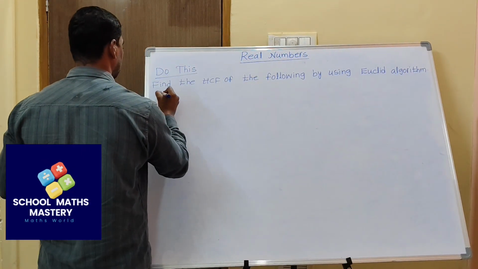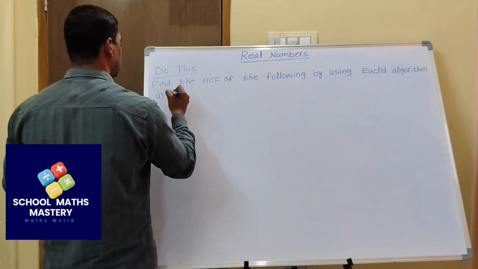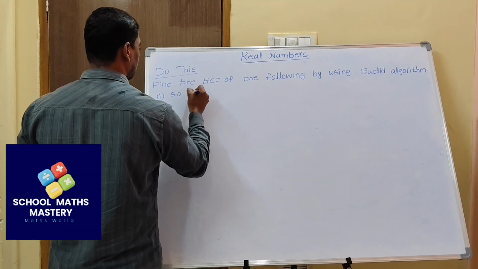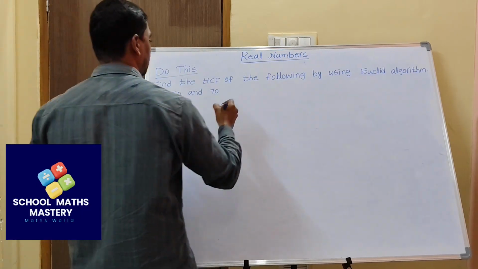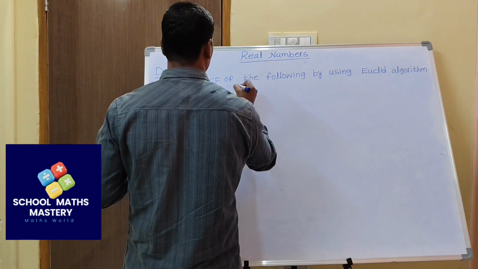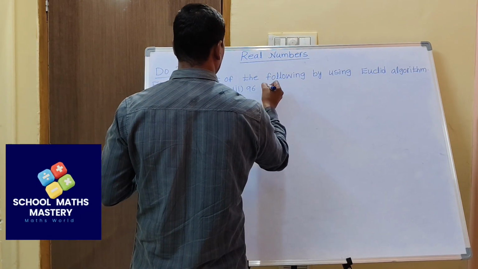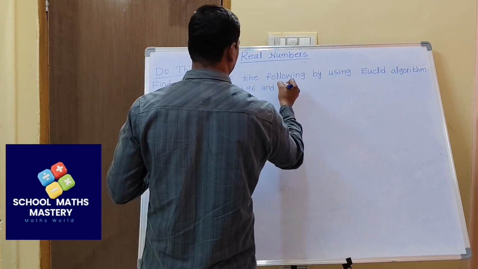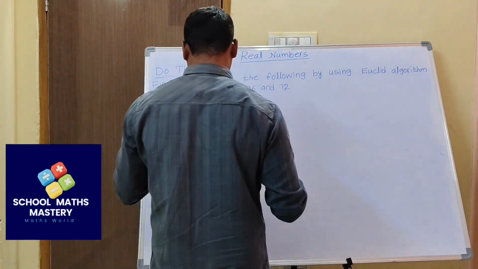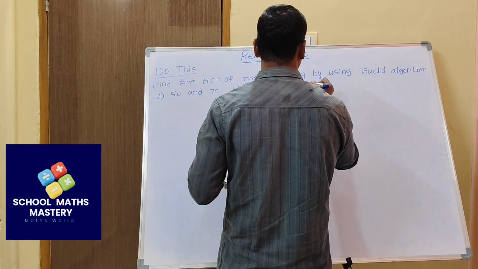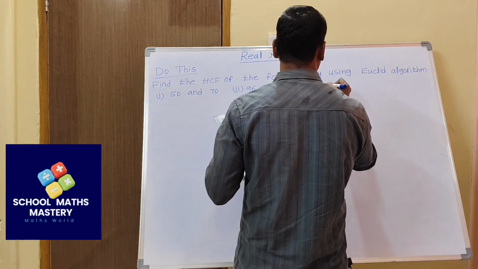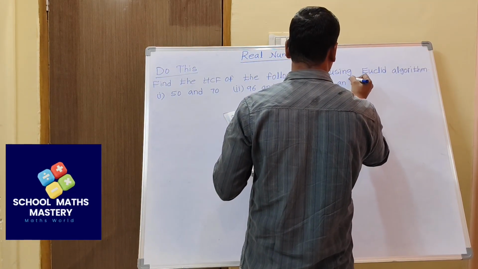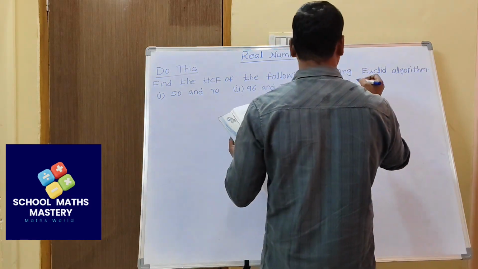Here first one is 50 and 70. Second one is 96 and 72. Third one is 300 and 550.